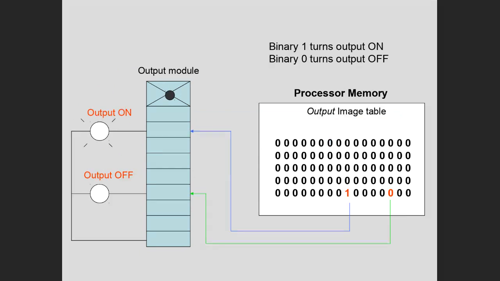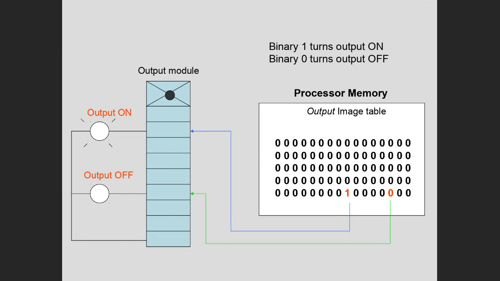And it's the same thing with the output image table. Whether there's a 1 or a 0 in a particular bit position in the output image table depends on the program you write. It's going to look at the logic that you write in that ladder diagram I referred to, and at the 1s and 0s in the input image table.